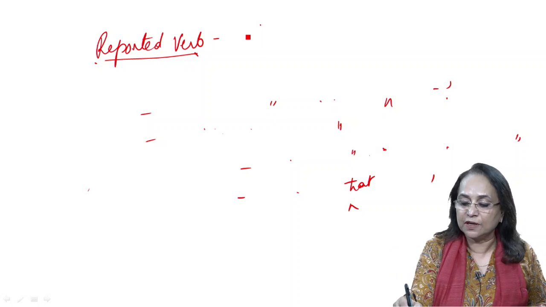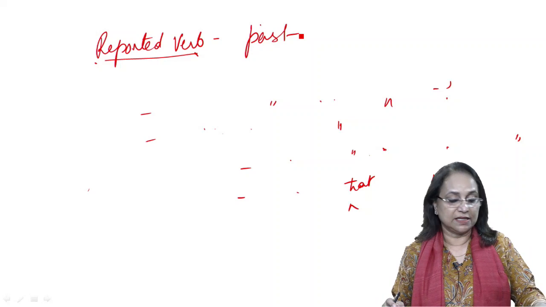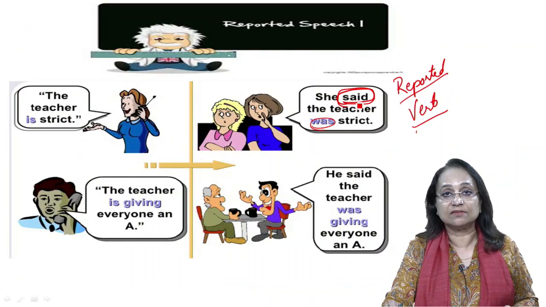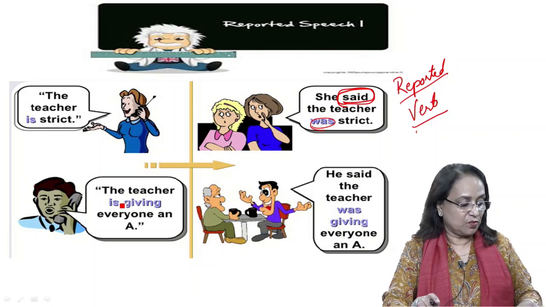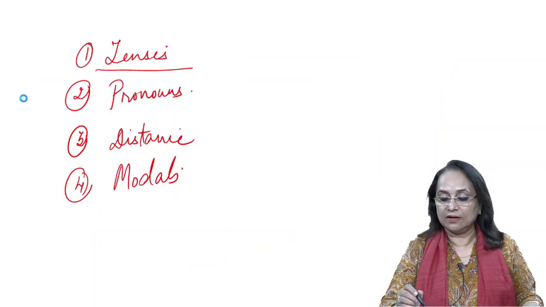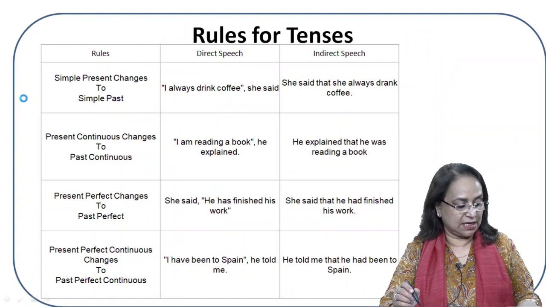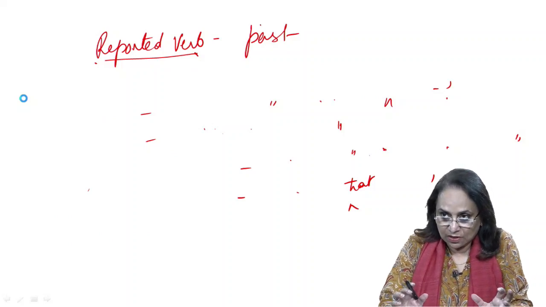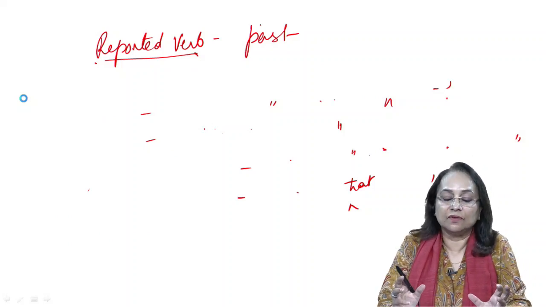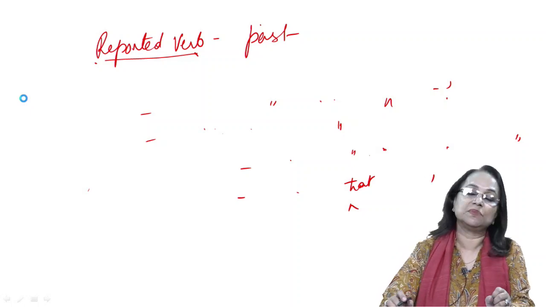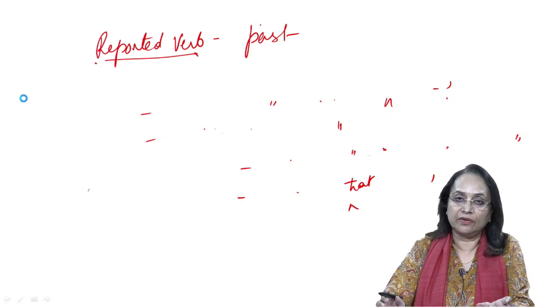If the reported verb is in past, like the example that we discussed, "she said," in that case the second verb in the sentence also becomes past, right? It changes.